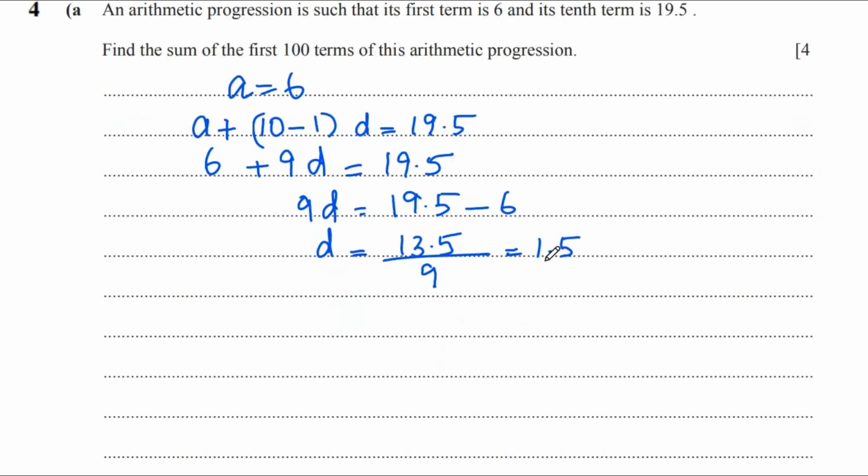Sum of the first 100 terms. So now we know a is 6 and d is 1.5.